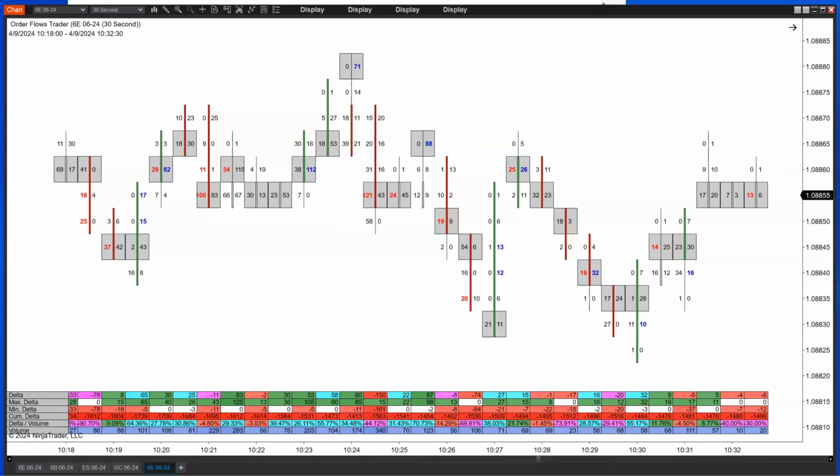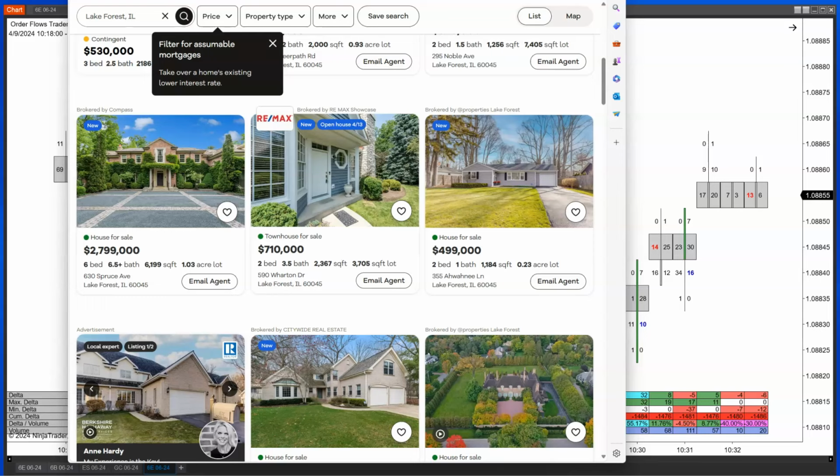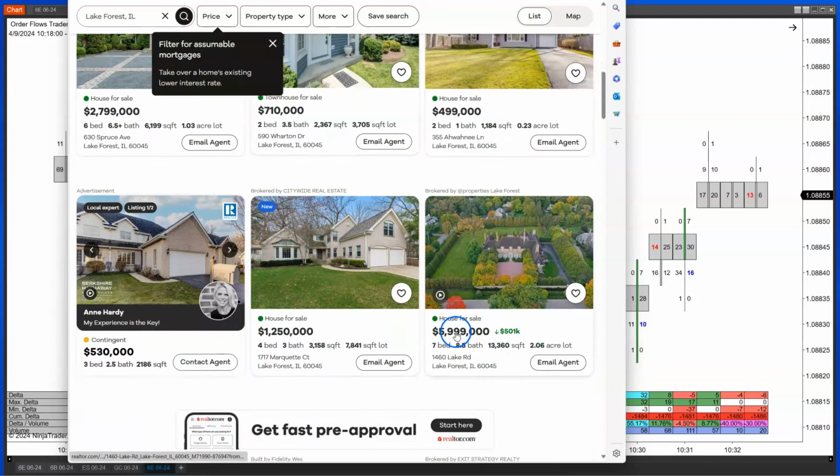Think of it this way, okay? Understanding aggressive buyers and aggressive sellers. This is realtor.com, just looking at houses. So for example, this beautiful house here, crazy price, it's insane, 5,999,000 even.